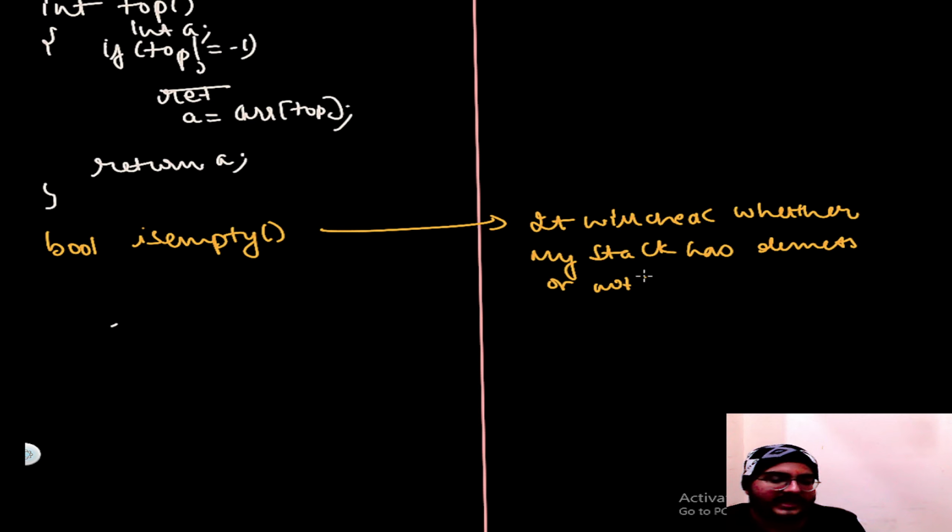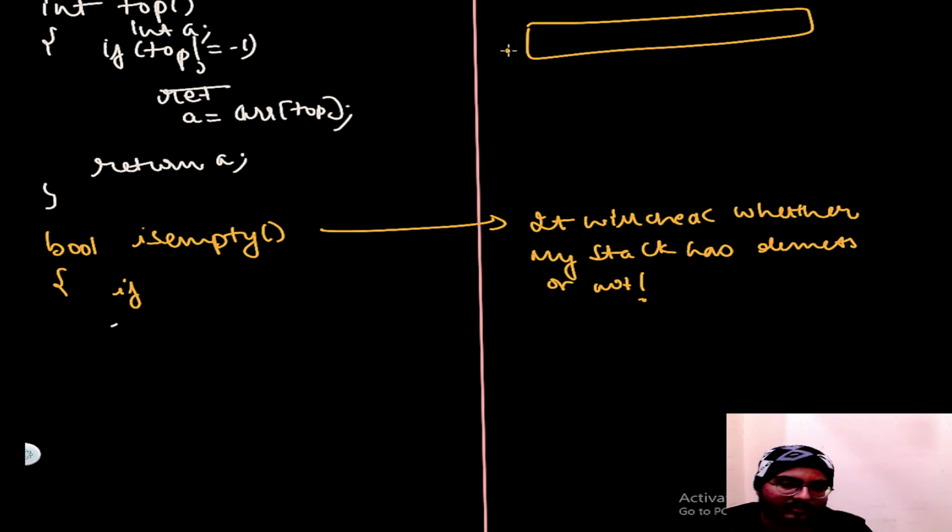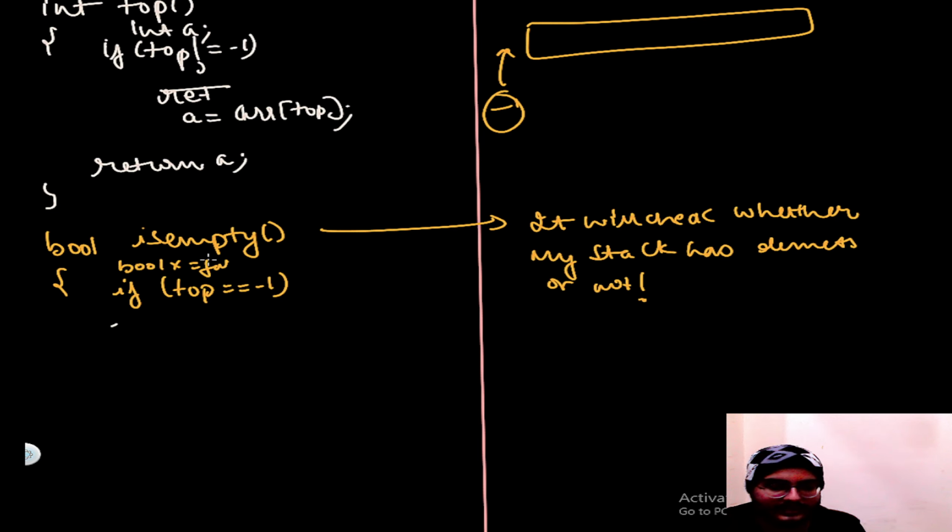This would be a very handy way in many cases. Let's initialize our stack. My stack will be empty when top is equal to -1. So if top is equal to -1, let's initialize bool x here. Bool x is equal to false, then x is equal to true, and return x.